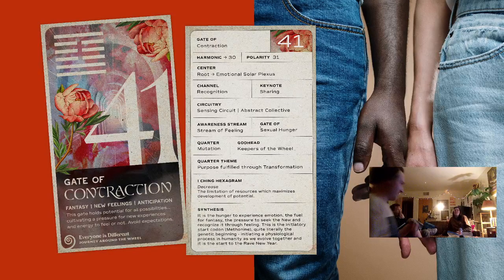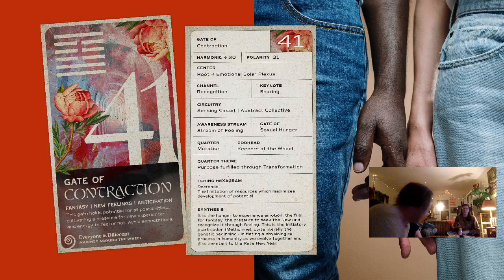Well, let me explain what's on the screen to the viewers in YouTube land. So this is the start of a project called Journey Around the Wheel, where each week I am personally focusing on each sun gate and creating these cards to be able to reference them and have a collection at the end of the year. And starting with 41, because 41 is the beginning of the Rave New Year.